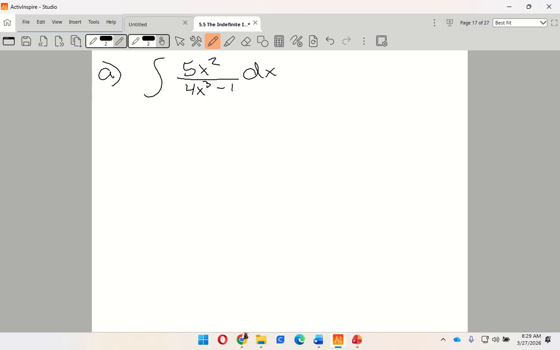So if I look, the bottom piece right here has an x cubed, doesn't it? If I have that be my u, so u is 4x cubed minus 1, then du is going to be 12x squared dx, right?